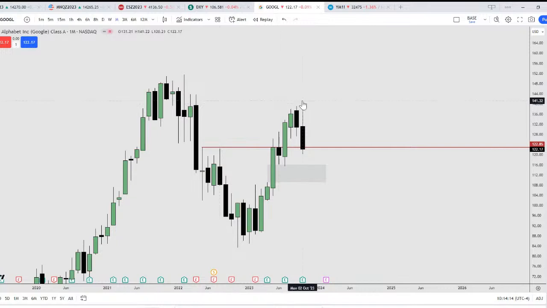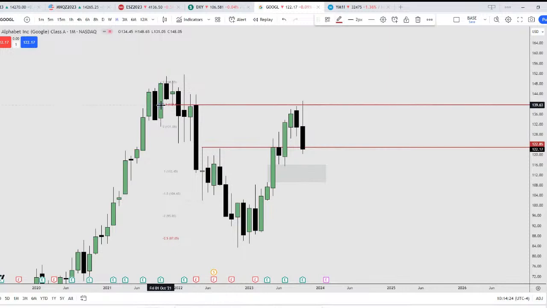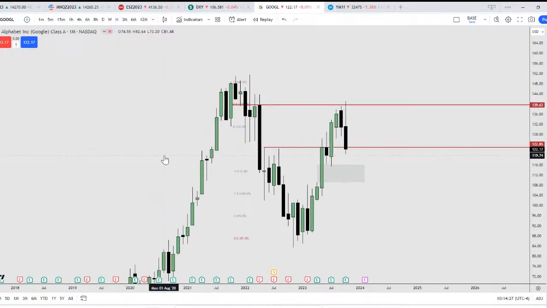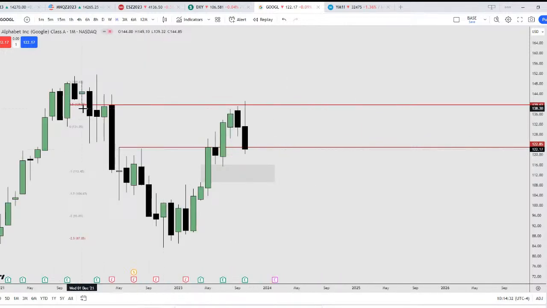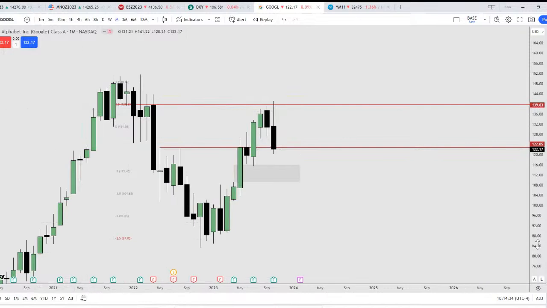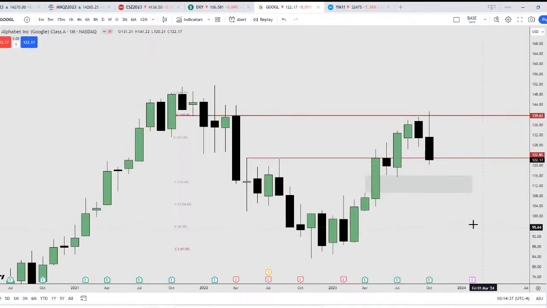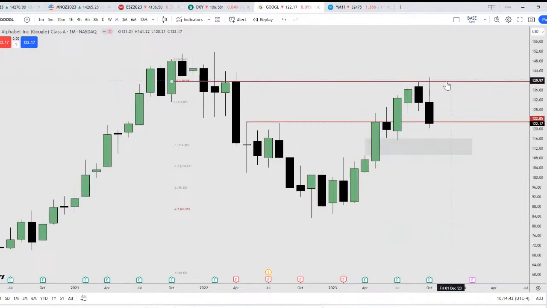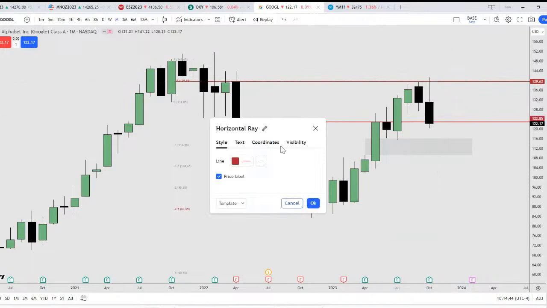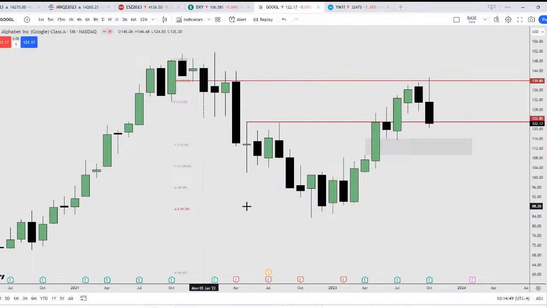Right, so this high here basically is just this mean threshold, 139.85.